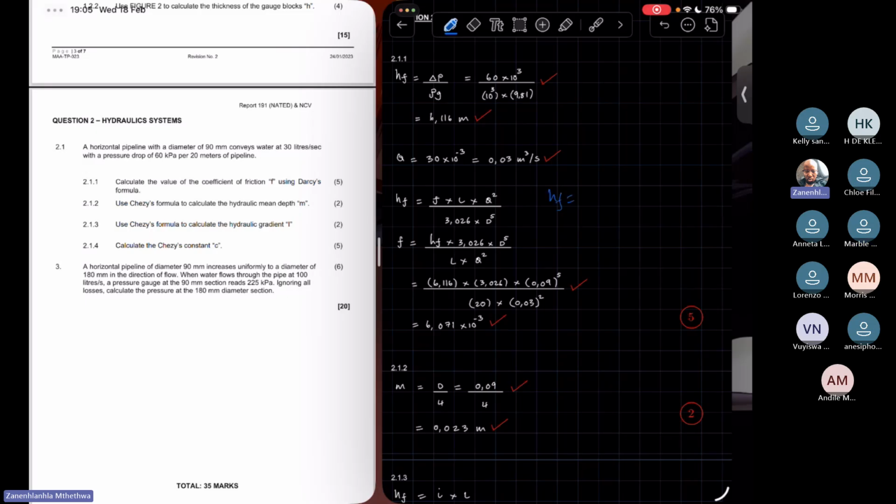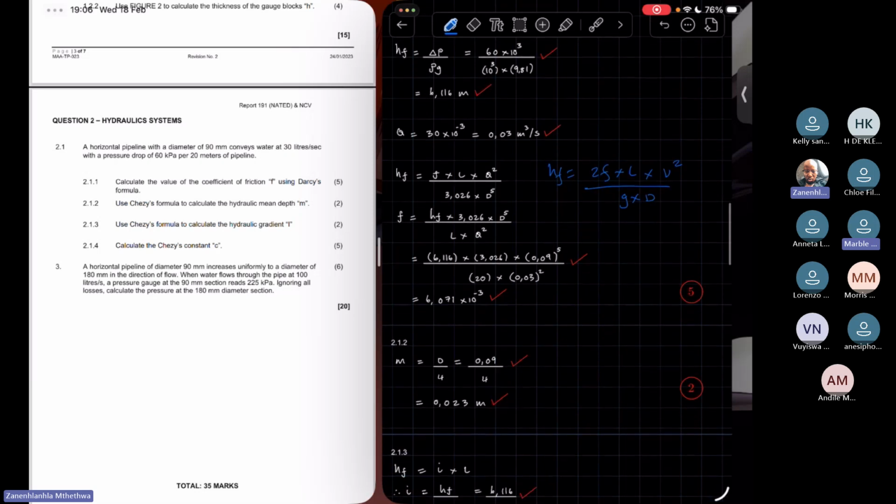That is 2F times L times V squared over G times D. It's this one. Yes. I've calculated my area first and then calculated my velocity. On 2.1.4, I didn't calculate my velocity.